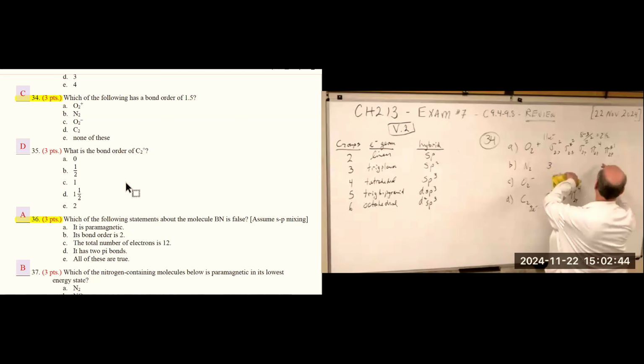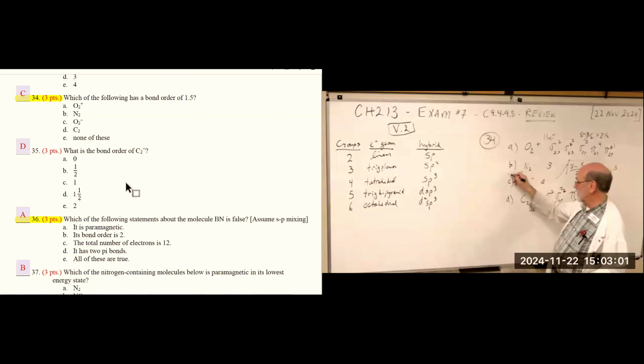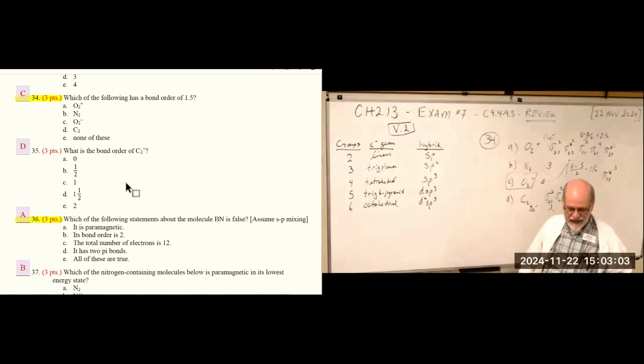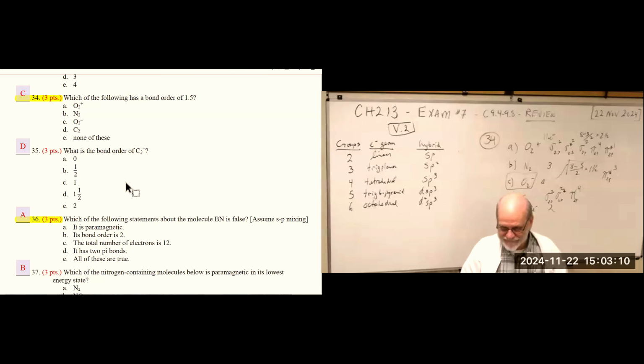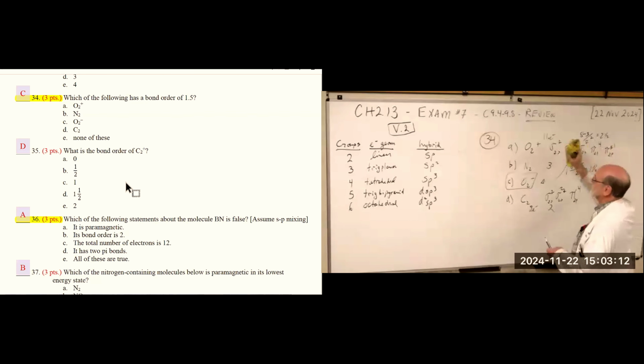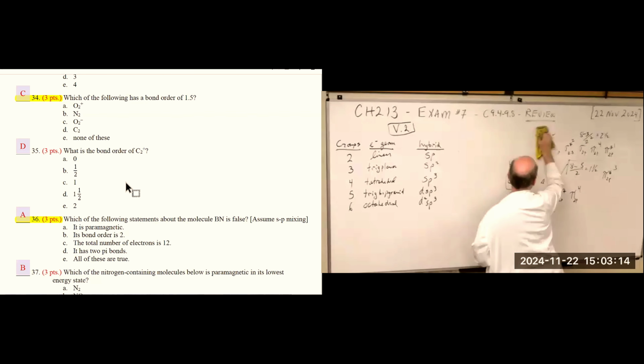So that would be 4, 5, 6, 7, 8 minus 2, 5 over 2. So that's 3, that's 1.5. Oops, that goes down here. All right, so there's your answer. That one's 1.5. C.